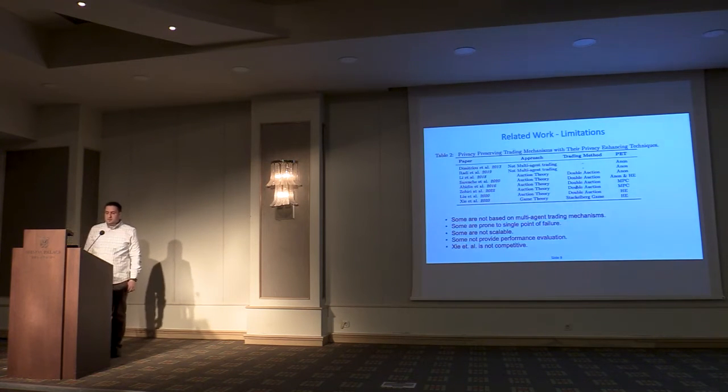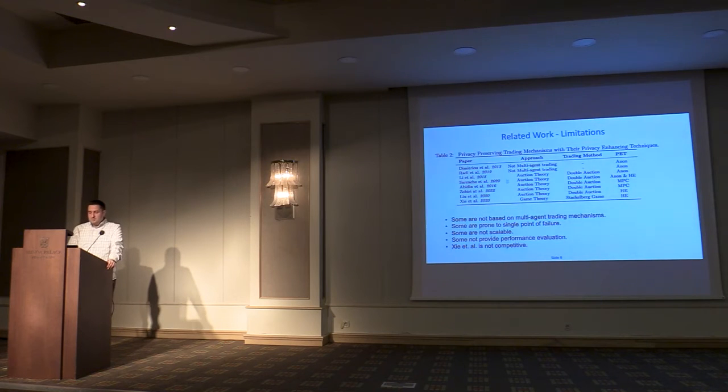In the literature, there are some papers which use privacy-enhancing technologies to do trading in smart grids. Some of them are well designed, some of them are very good papers.